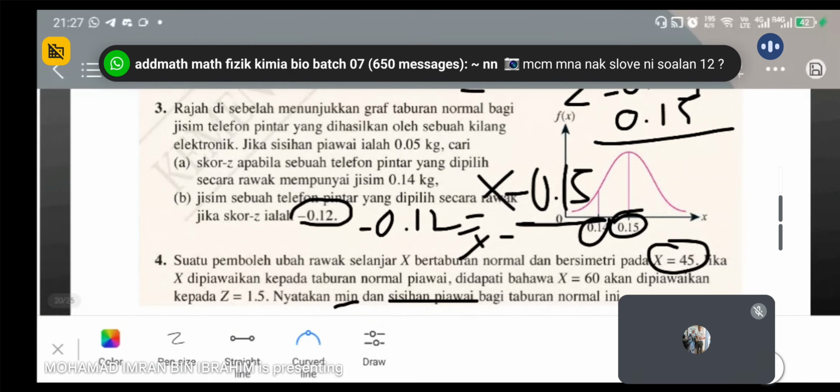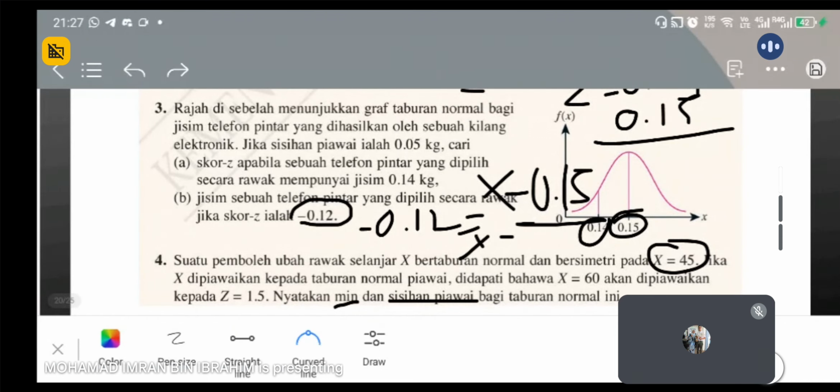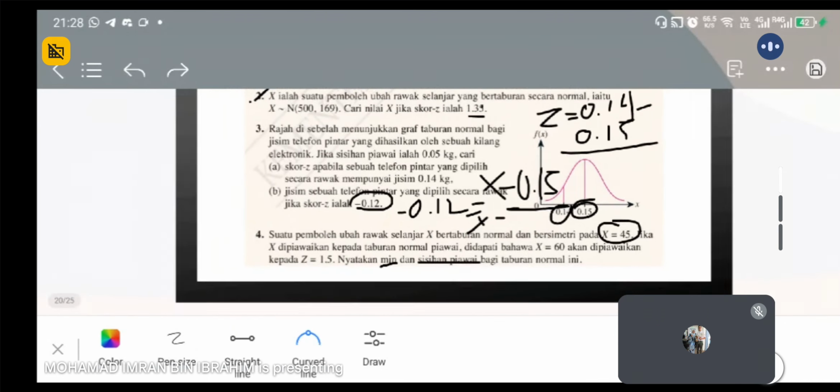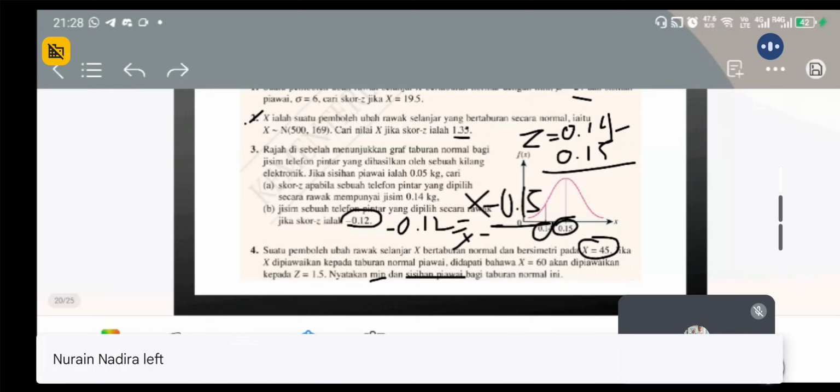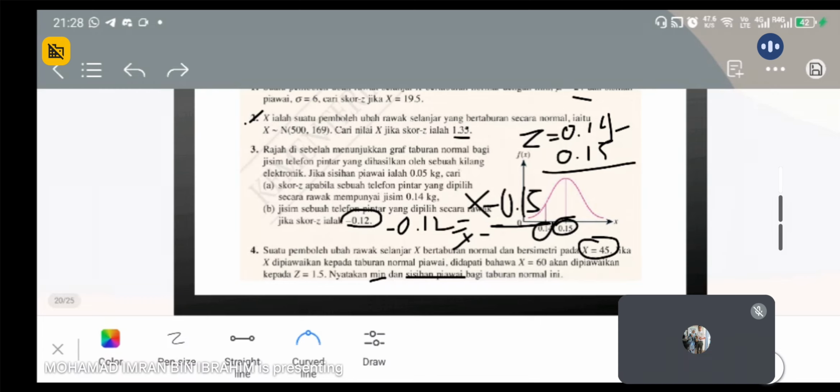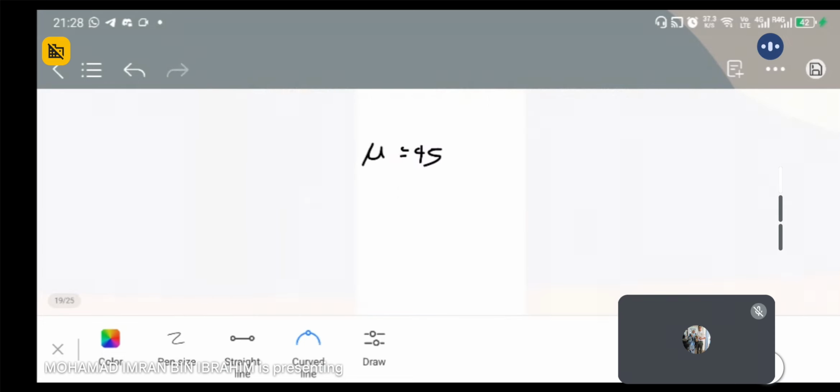And then they want the standard deviation. For the standard deviation, we know that it is 1.5. So our Z score here is Z equals 1.5. And then we have X equals 60 and mu is 45. So we can find the standard deviation.